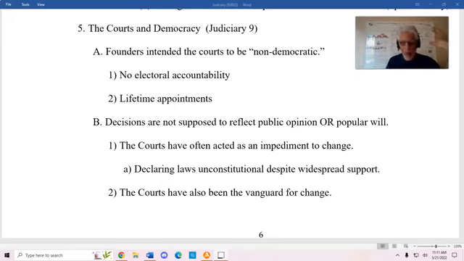And so the courts play a weird role in our political system, an important one, not necessarily a democratic one. And as I said in the last video, I would argue what this does is it provides stability. It makes it so that change happens slowly in the United States.